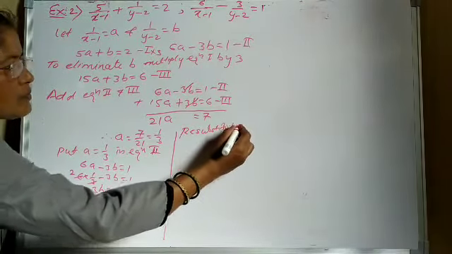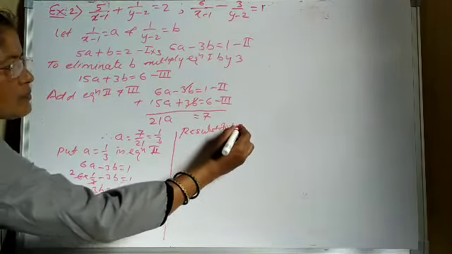5 by 2. Now similarly we can find the value of b. You got b equal to 1. Now b is what you have taken at the beginning, b is equal to 1 upon y plus 3. So in place of b, write 1 upon y plus 3 is equal to 1. Now transfer this y plus 3 to that side. So 1 into any number is the same number, so y plus 3.